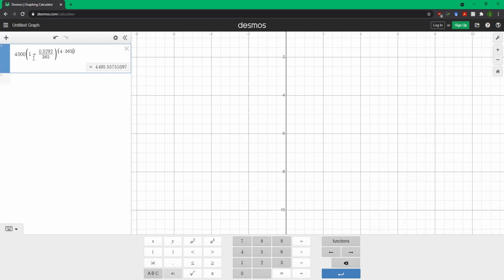And so here we have $4,495.55. I lied. I should have changed the 4 into 365. This should be 365 times 5. It's a good thing I caught it. I was like, why is that smaller than quarterly? That shouldn't have been smaller. We're good now.